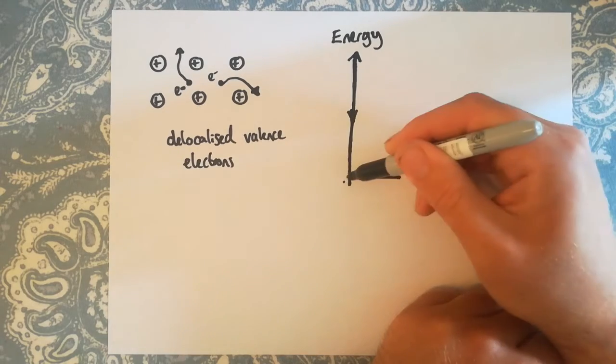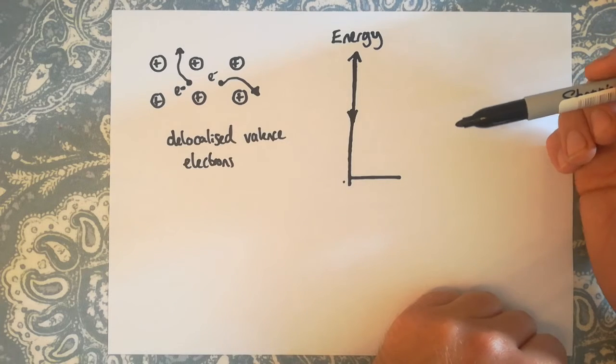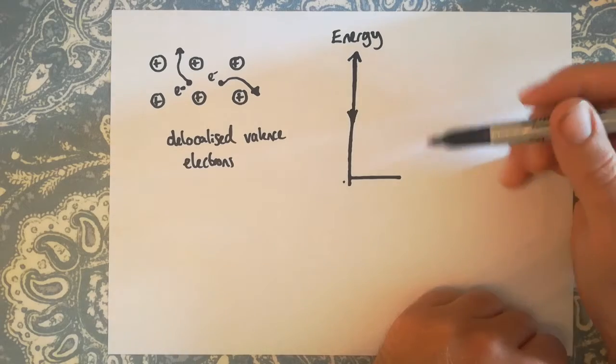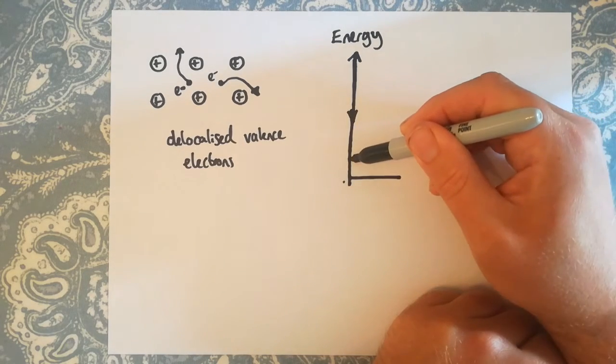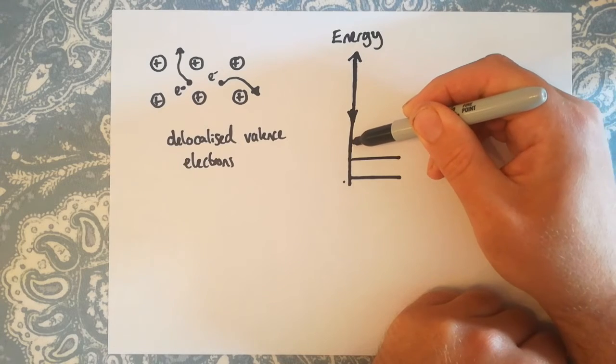this might be the energy level that the electrons in the innermost shell of the metal atom have. And then as we go up, we would get different energy levels.